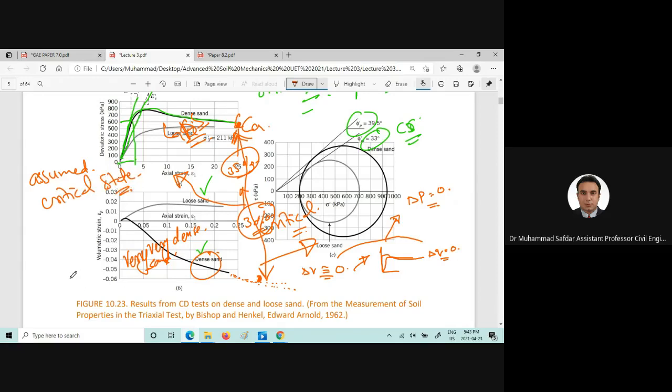Now the reason I mentioned that apparatus is that if someone raises this question, there is the ring shear apparatus.